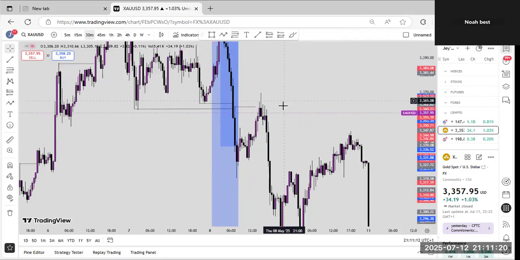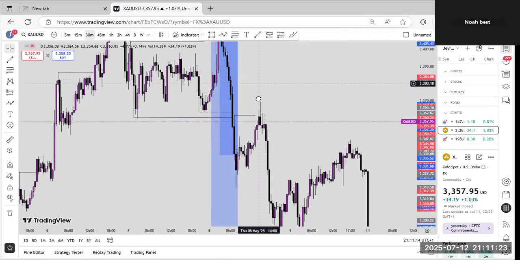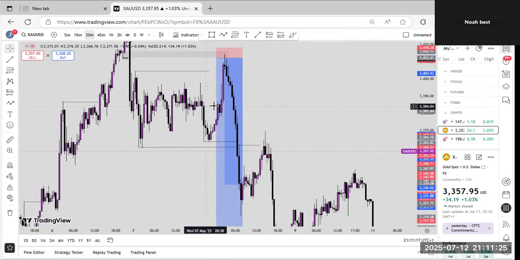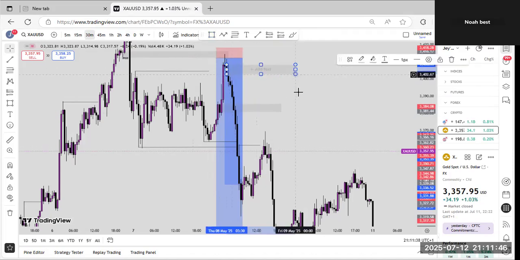Where is our closest point of interest? Remember, we have this zone here. We have this, maybe this up as our order block. We have here, because this was also a zone price broke. We have here, possibly we have our order block at this extreme zone, possibly.